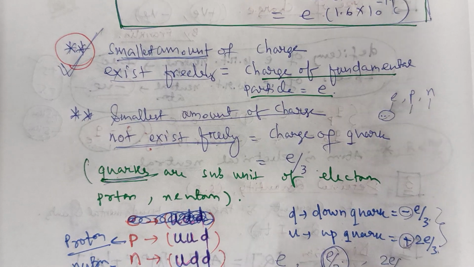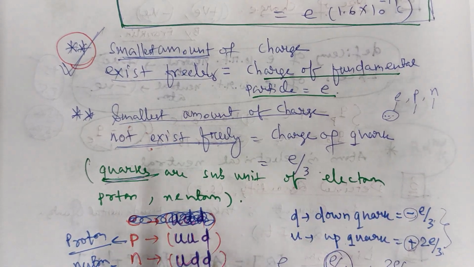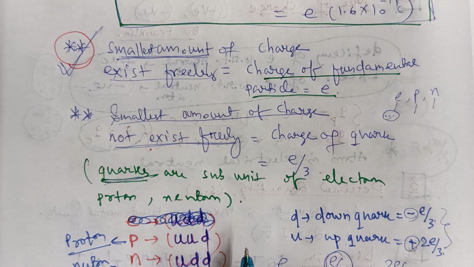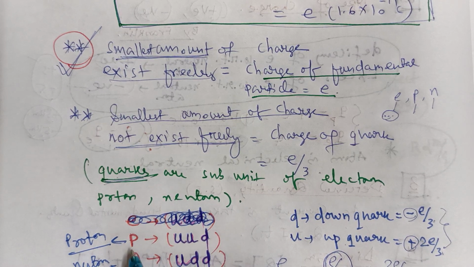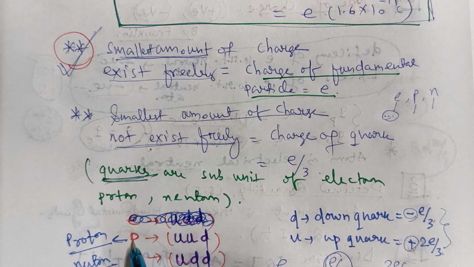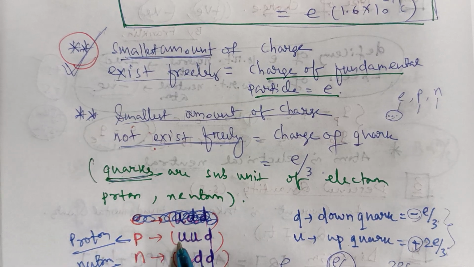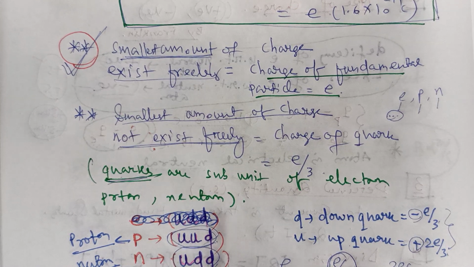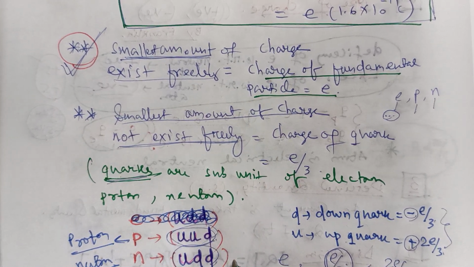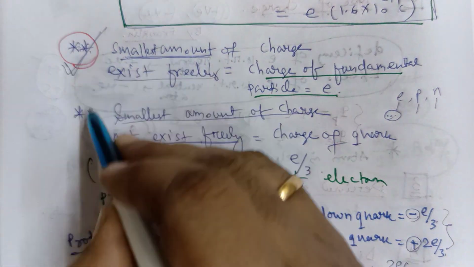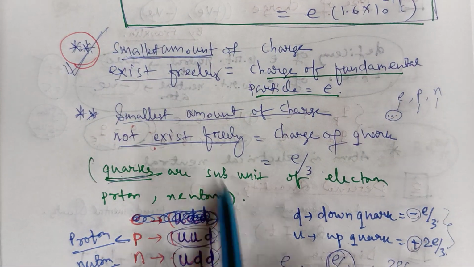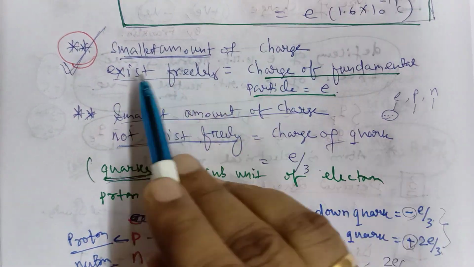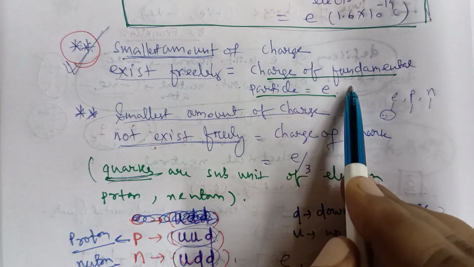But the point is that a single quark does not exist freely, because we cannot split a proton, we cannot break a proton into different parts. They are always in a combined state. That means quarks do not exist freely. That's why two points are written here. The smallest amount of charge that exists freely means the charge of proton or charge of electron.